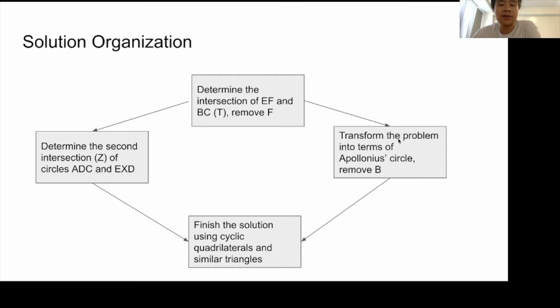The other path is to transform this problem in terms of the Apollonius circle, so that we can remove some other points and transform the problem into an equivalent one, which is, I wouldn't say less complicated, but easier to deal with. And we will finish up the solution by using some elementary tools, which are cyclic quadrilaterals and similar triangles.